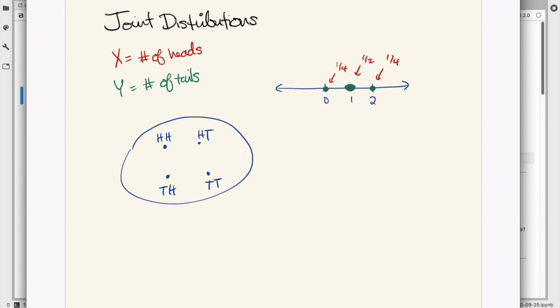But clearly there's a relationship between x and y here that we're not capturing, namely that x plus y adds up to give 2. If x and y were independent, then that would be a different relationship than this one. So to capture this joint information about how x and y are related to one another, what we're going to do is map each outcome to the ordered pair x comma y in the plane.